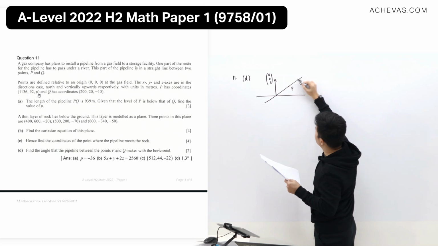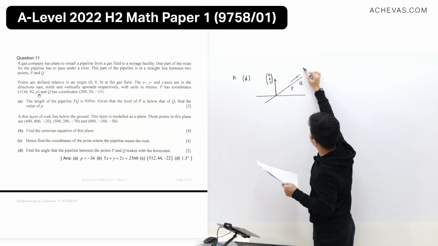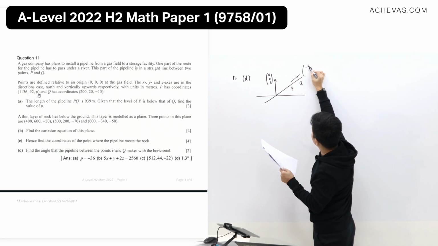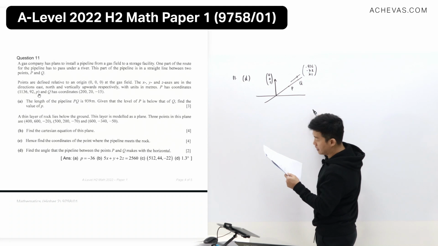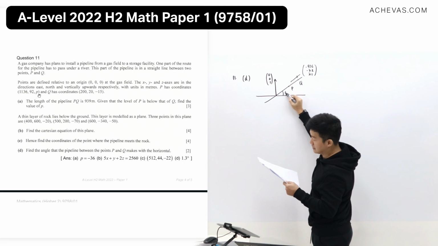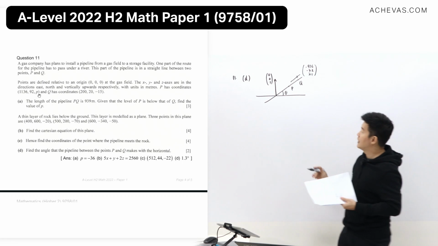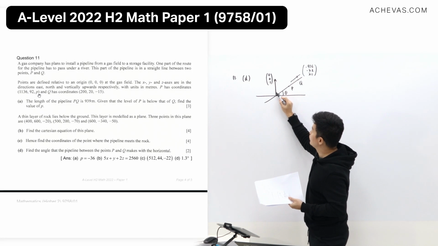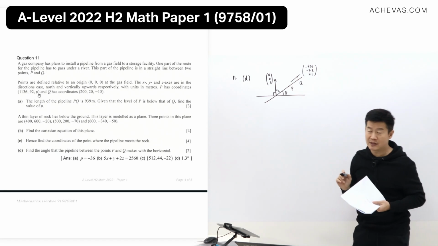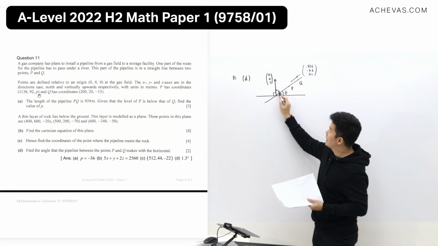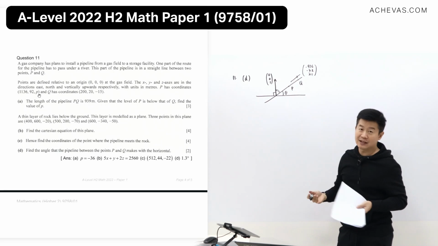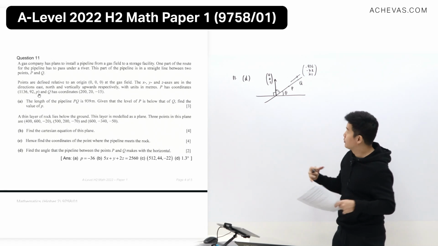As for the pipeline, we have found out that it is parallel to the vector (-936, -72, 21). What the question is interested in is this angle over here. In order for us to find this angle, with this as 90 degrees, I'm going to reference it to this angle instead, because this angle is the angle between this and this. This allows me to bring in the dot product.